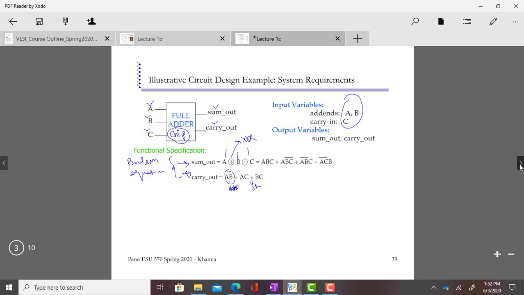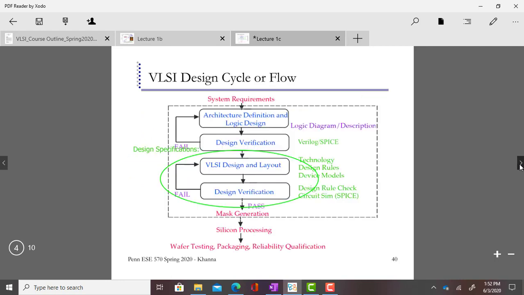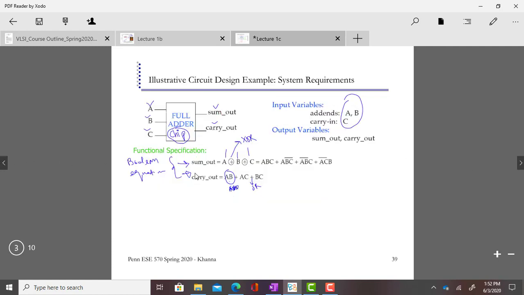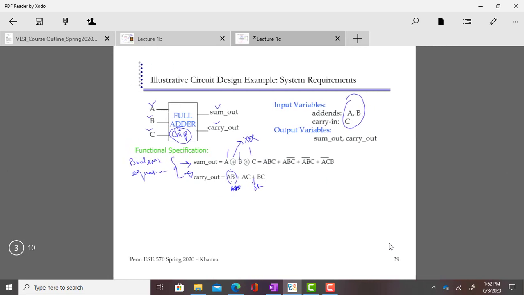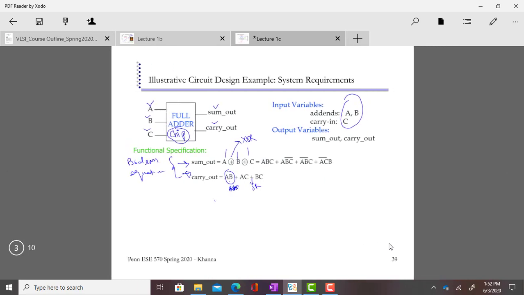We want to manufacture a chip for this adder. So what are the steps? The first step was this functional specification. This is the Boolean equation, and for the Boolean equation, we write Verilog code.